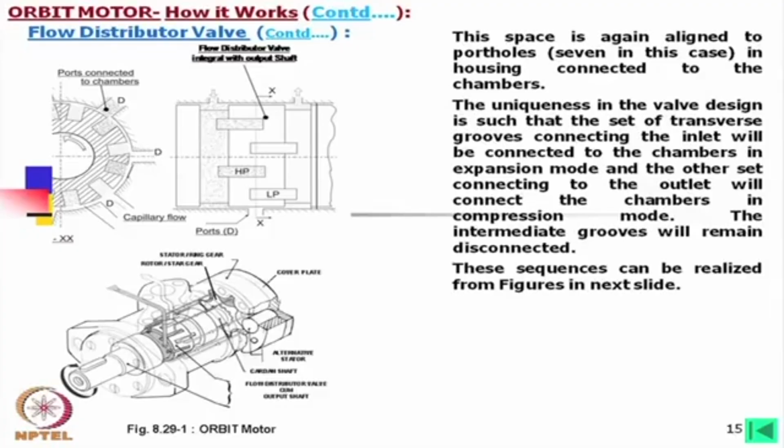In this case where 6 slots are there, first 4 are in high pressure, then 1 neutral, 3 in low pressure. In the next phase, 4 will be in low pressure and 3 in high pressure, then one chamber will be neutral, but that is momentary.